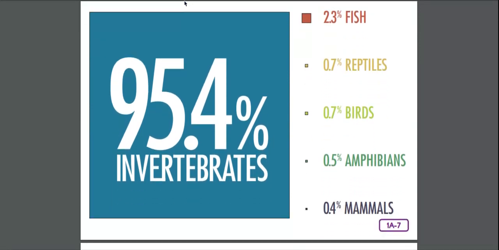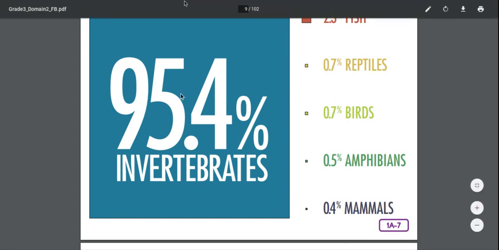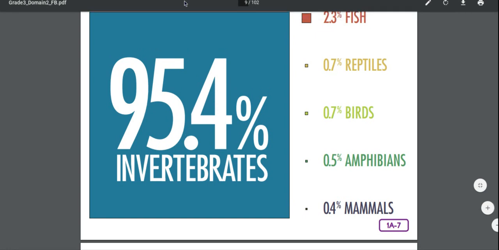Think about it. More than 95% of all the species of animals on Earth, that's a lot of invertebrates. Most of them are fairly small. Fewer than 5% of all animal species are vertebrates. Okay? 95 out of every 100 animals on Earth has no backbone.